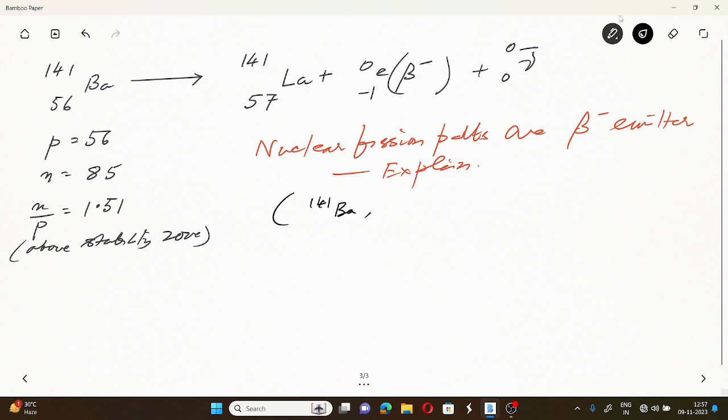So these nuclear fission products, you'll find that they will always have n by p ratio greater than the stability zone, so that's why they will always emit beta particles.